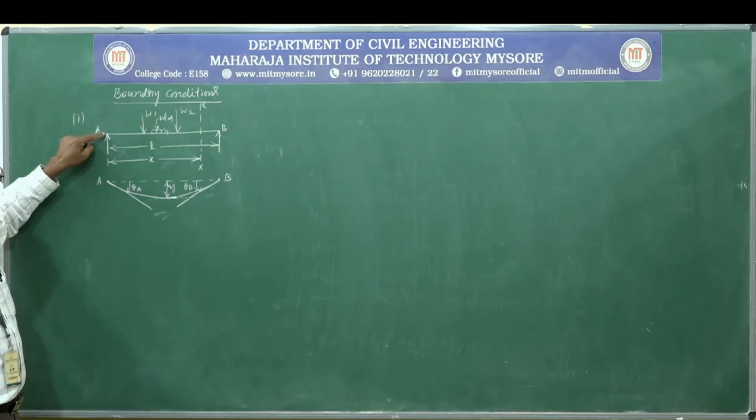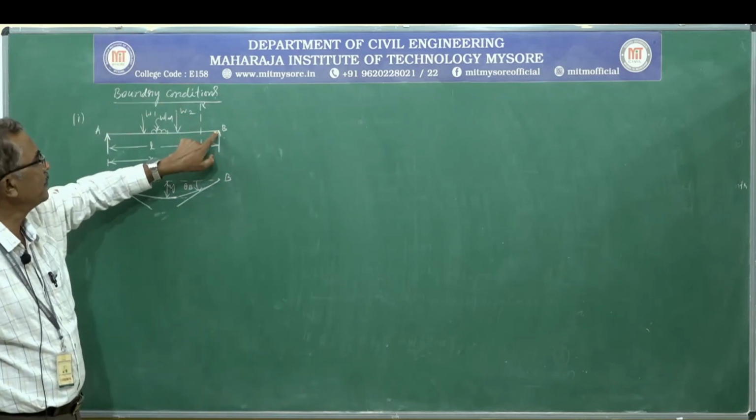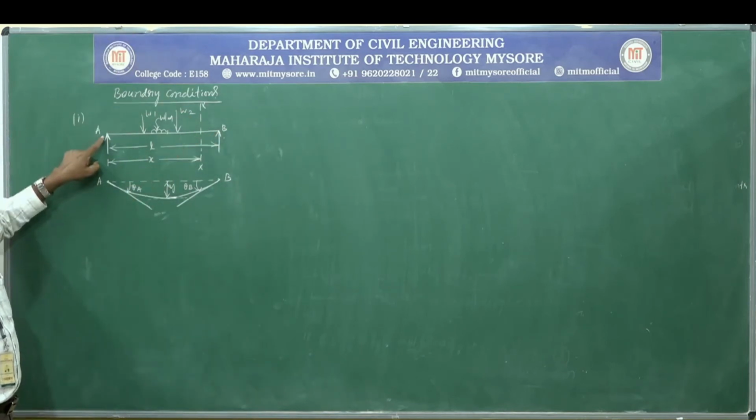You can see it is very simple. Here deflection is 0, deflection is nothing but lateral displacement. Deflection is 0 at A, deflection is also 0 at B. Then what is x here?